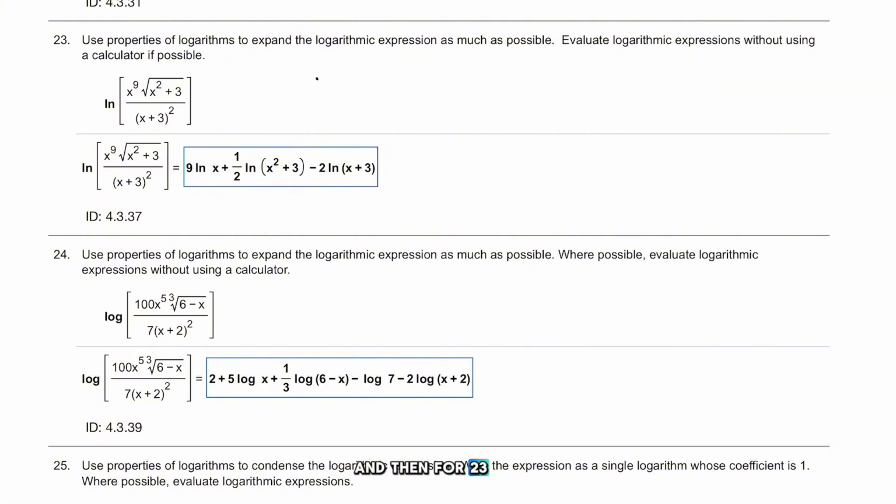And then for 23, you have a lot going on, but you just separate them first.